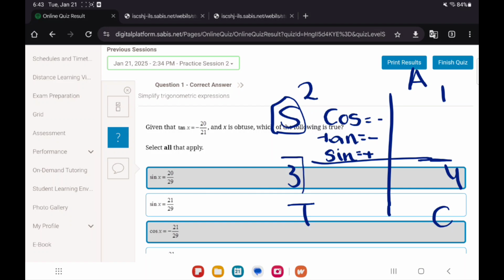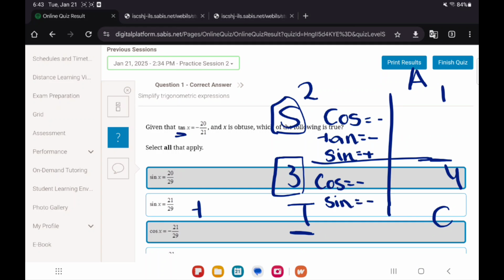But for quadrant 3, T is in front. And what does T stand for? Tangent, okay? I'm teaching you this because this will help you way too much. For this, we know that sine is Y and cosine is X. X and Y here are both negative, so cosine is negative and sine is negative.